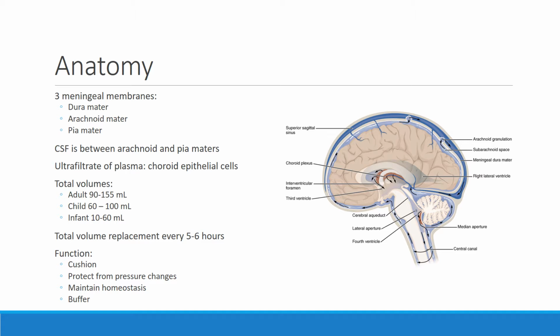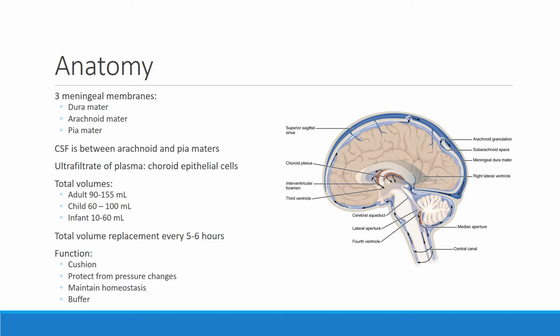The fluid volume will vary. A lot of the variation will come based on the size of the person, and you can see that in the total normal volumes from an adult to an infant. So the adult you can see between 90 and 155, the child between 60 and 100, and the infant between 10 and 60.